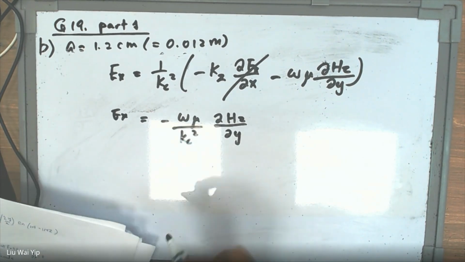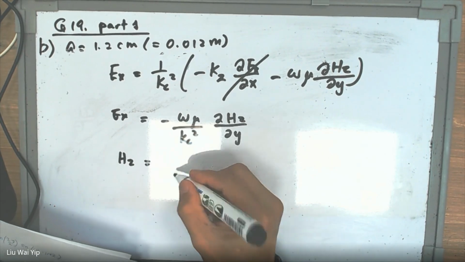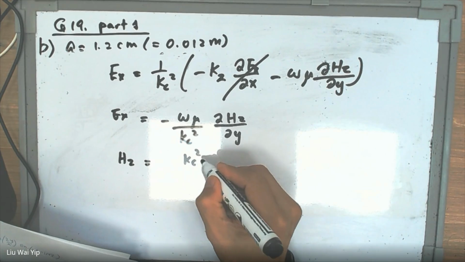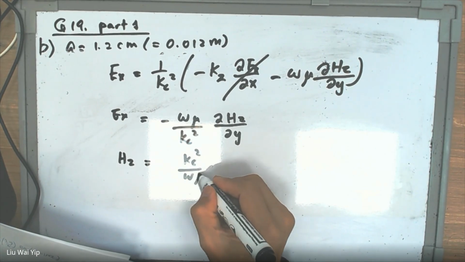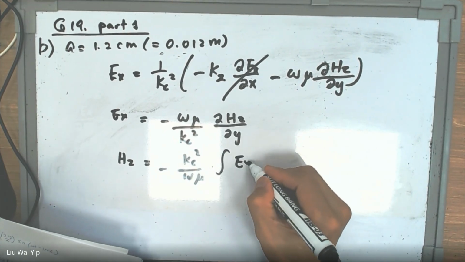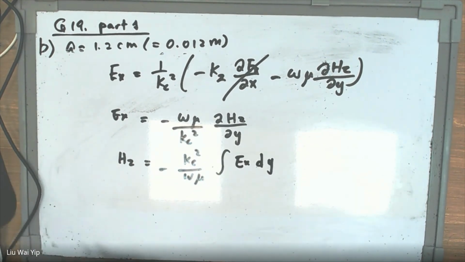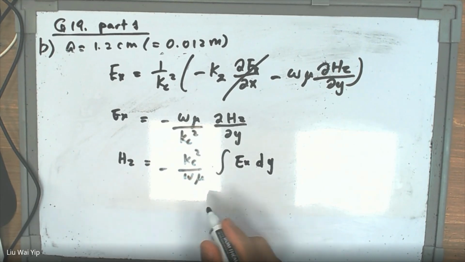From here, you can just assume that h of z is equal to kc square and then omega, and then integrate dx and then dy. Okay, so this is the approach I would use.